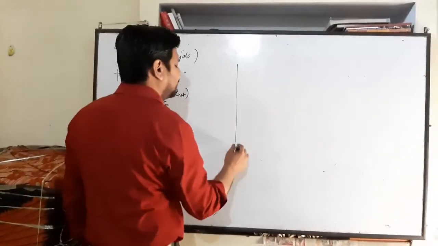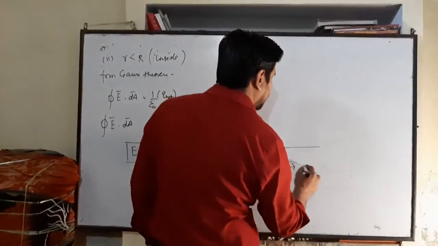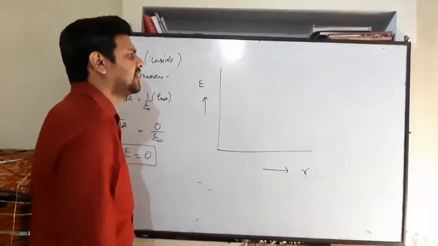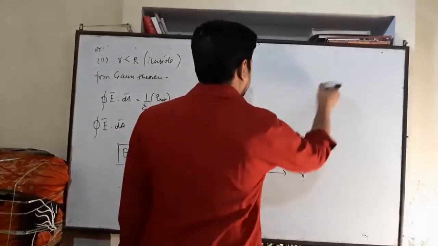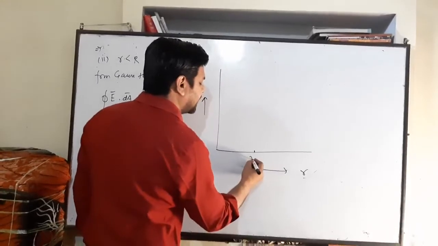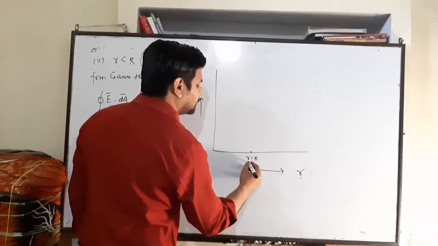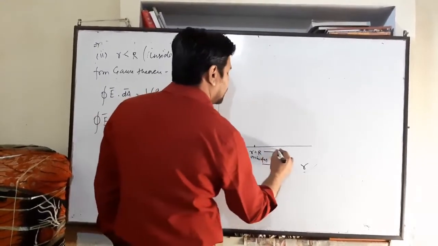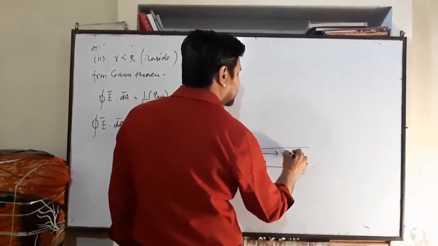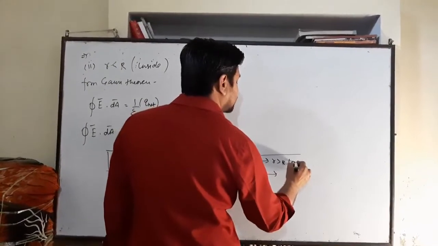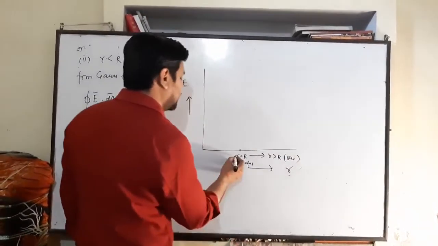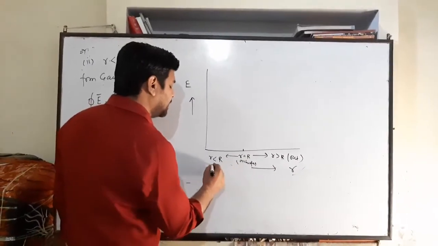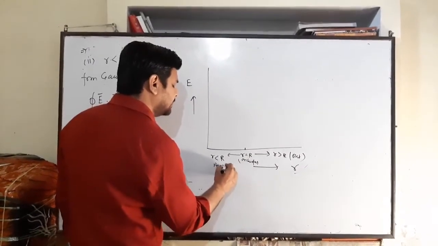Now if we plot an E versus r graph for a spherical shell, consider here r is equal to R, it means this point lies on the surface, and beyond this r is greater than R, it means outside the surface, and here r is less than capital R, it means inside the surface.